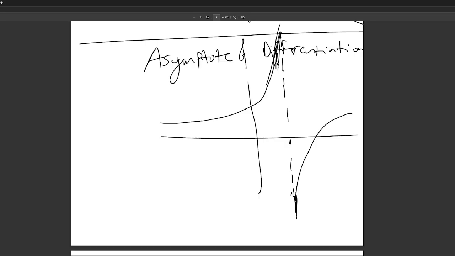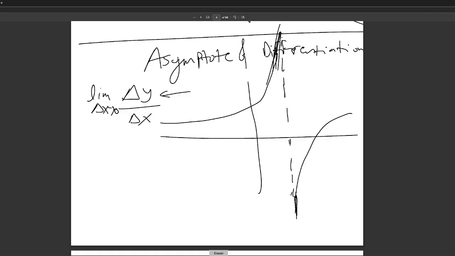Because if you think of what the derivative is, it's delta y over delta x, where delta x, the limit, is being pushed to zero, right? If you approach an asymptote, what's actually happening? You're getting steeper, so for every change in y, you have a smaller and smaller change in x, right?